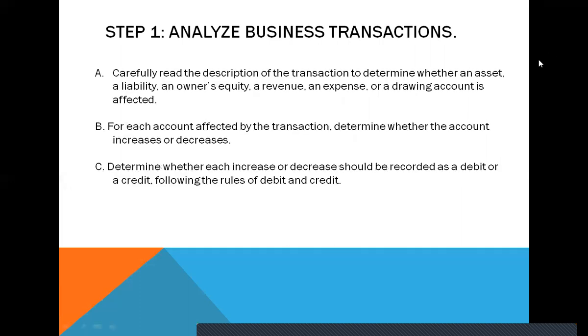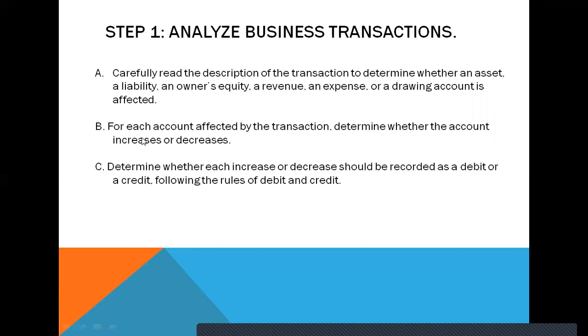In this step, a transaction is analyzed to find out if it affects the company and if it needs to be recorded. So first, you carefully read the description of the transaction to determine whether an asset, a liability, an owner's equity, a revenue, an expense, or a drawing account is affected.